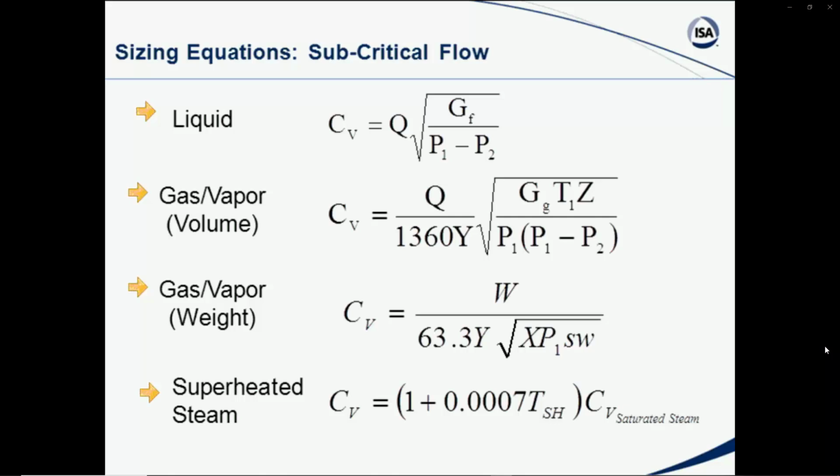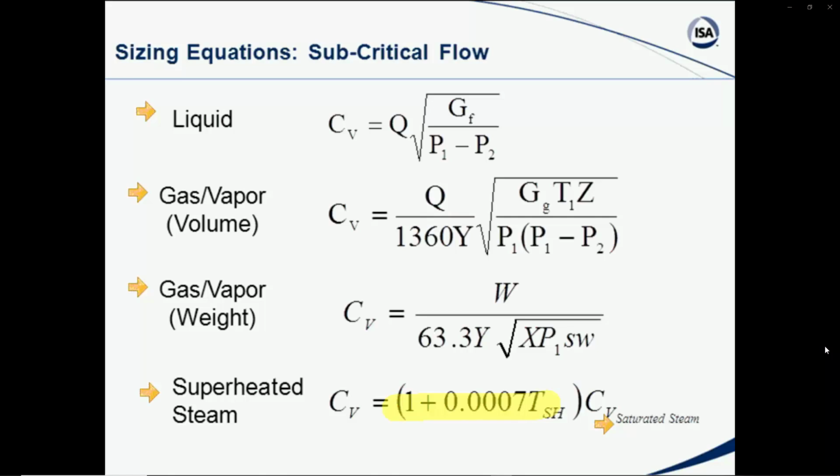You calculate the C sub V for saturated, and then you're able to take this simple 1 plus 0.0007 times the degrees F of superheat, and that will correct your C sub V for the superheated steam. So this gives you the basic simplified direct equations.